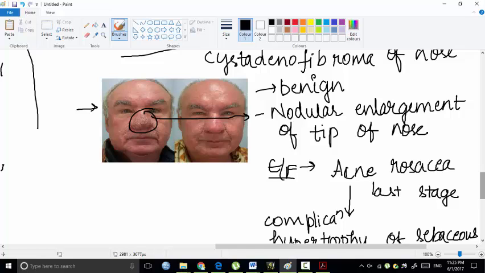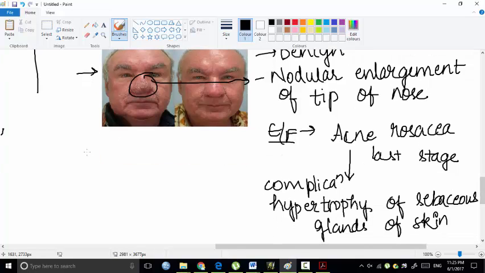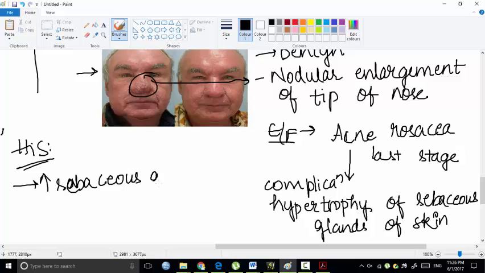So there is nodular enlargement of the tip of the nose, and histologically, if you see, there are increased sebaceous glands, as we have already said, because it is due to the increased sebaceous glands itself. So there are increased sebaceous glands, in size and number.